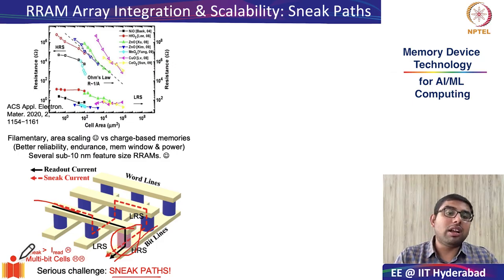So in this particular example, let us assume that these cells which I am marking out are in low resistance state.